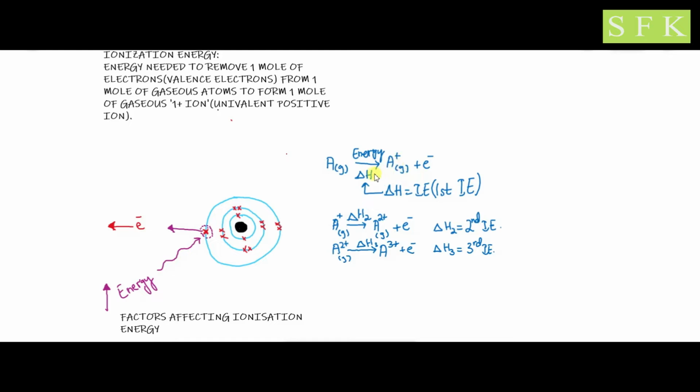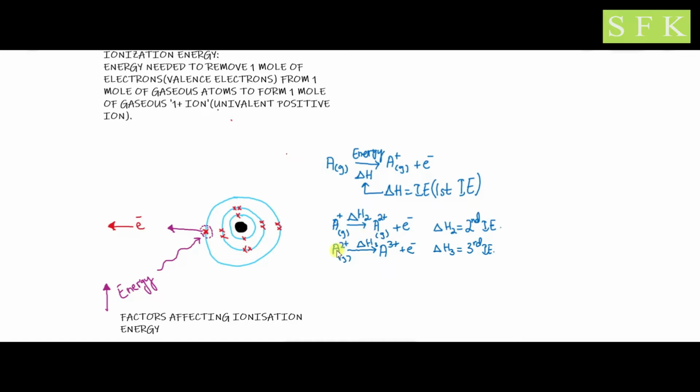If we take this 1+ ion and give it further energy and remove a second valence electron, we'll get a divalent positively charged ion and an electron again. This time the enthalpy change is the second ionization energy, because the ion formed has a charge of +2.